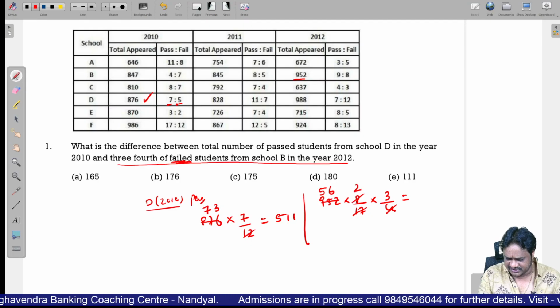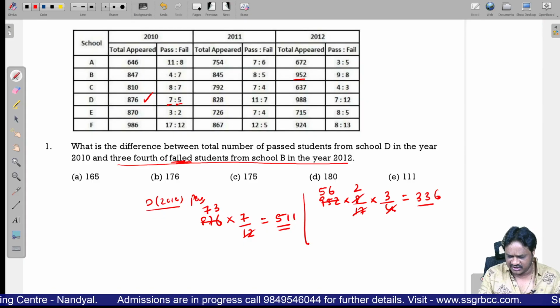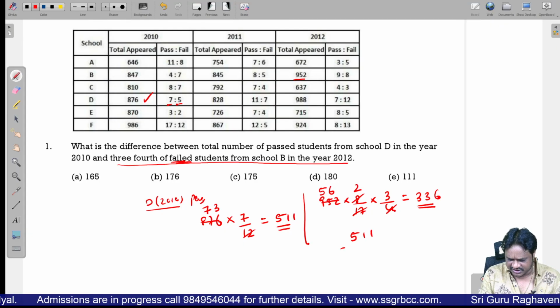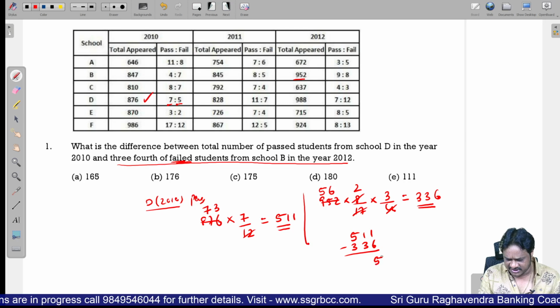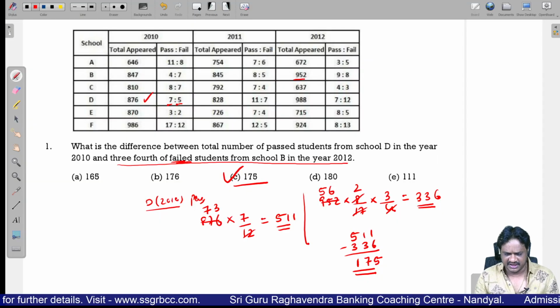It is 56 into 6, 112, 336. So one value you got is 511, one value you got is 336. What is the difference of 511 and 336? 11 minus 6, 5. 10 minus 3, 7. 4 minus 3, 1. So the answer is 175. Option 3 is the correct answer.